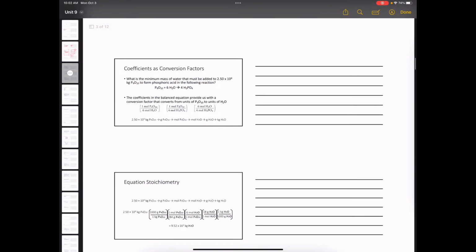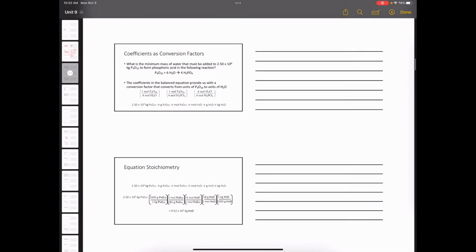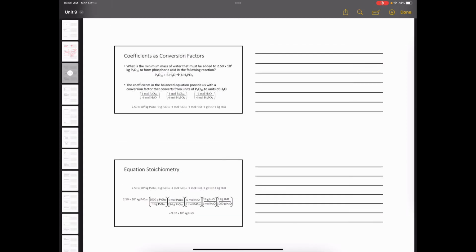Stoichiometry is normally referred to when you're using the coefficients in a chemical equation and creating your conversion. So now we'll be using the coefficients as a conversion tool between the reactants and the products.